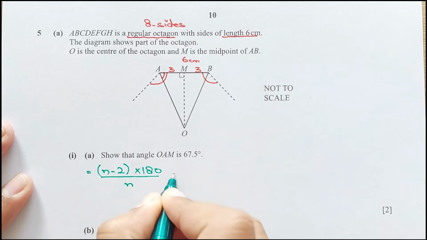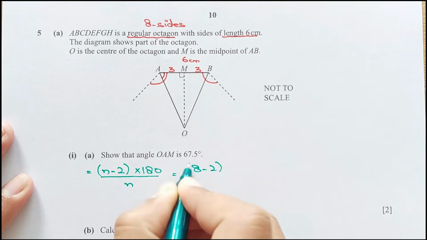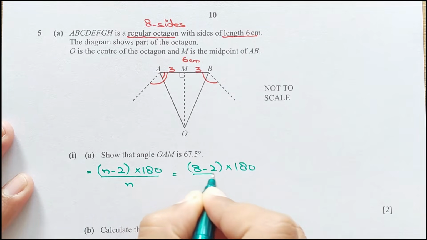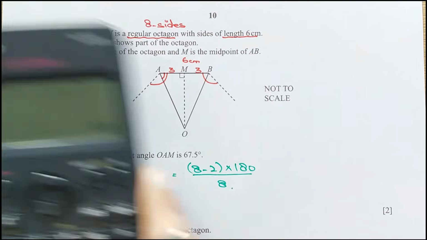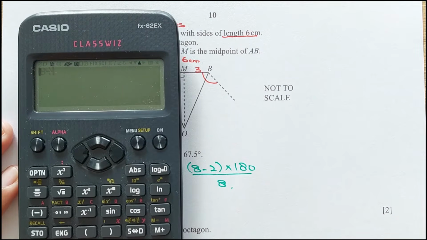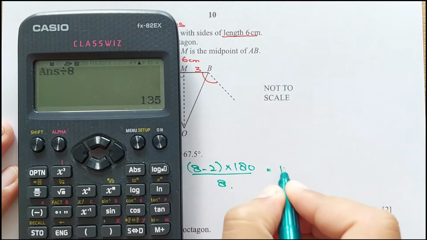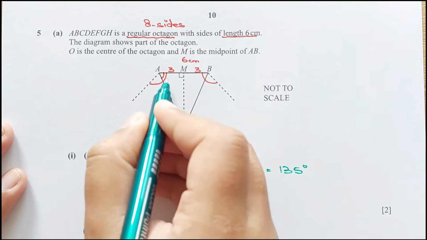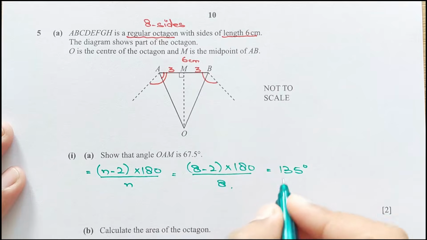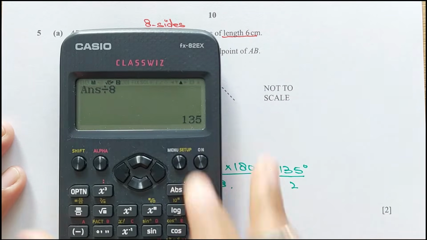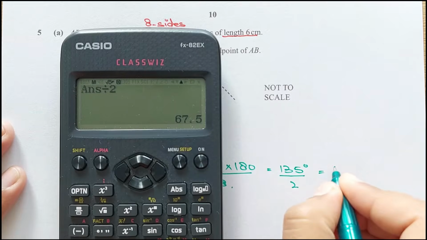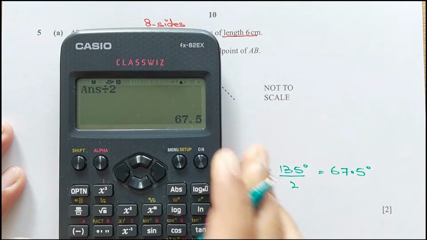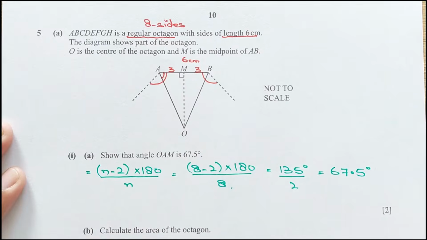N is the number of sides, so n is 8. 8 minus 2 times 180 divided by 8. 8 minus 2 is 6, times 180 divided by 8 is 135. 135 degree is the measure of each interior angle of the octagon. This angle is 135. Since this is breaking into 2 portions, we have to divide it by 2. Divided by 2, this is 67.5 degrees. So this angle OAM is 67.5.